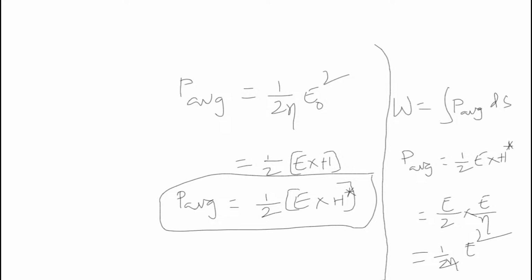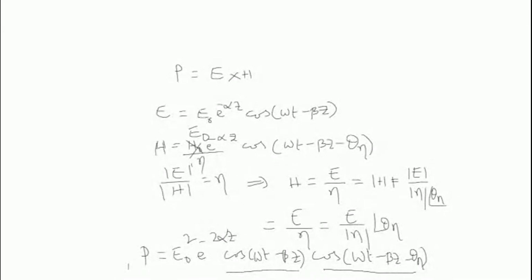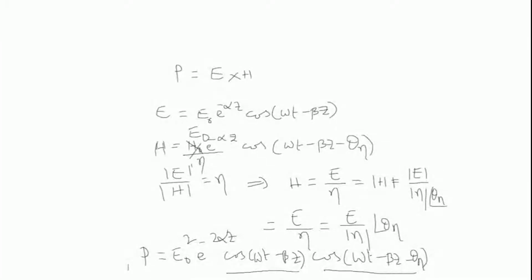So in today's class, what we have discussed now, the Poynting vector is given by E cross H. E can be written like this. Then H can be written as E by neta, like this. For the conducting medium, neta is what we already derived in the offline class: neta is equal to under root j omega mu by sigma plus j omega epsilon.